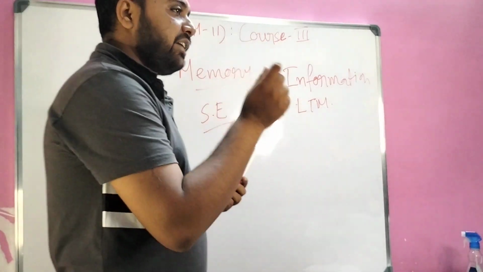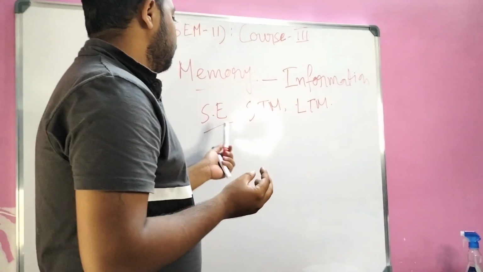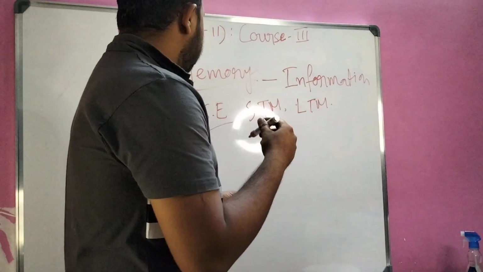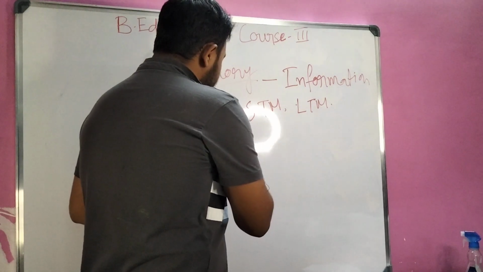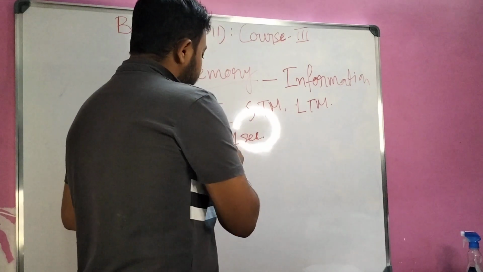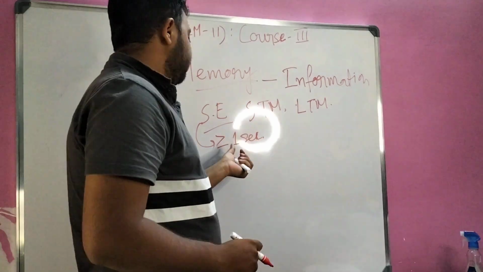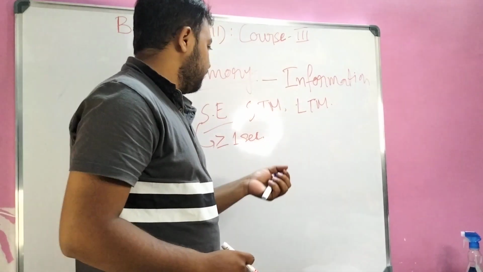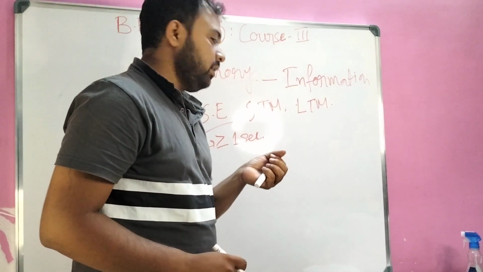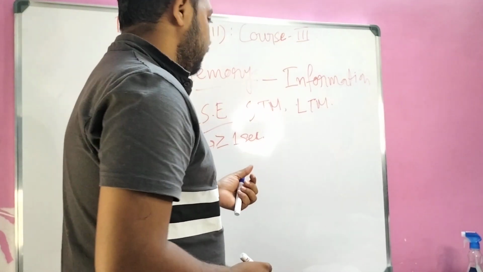Sensory memory is the first part by which we get information. In sensory memory, the duration of retention of information is more or less than 1 second. It is the first type of memory that helps in getting information from the outside environment.